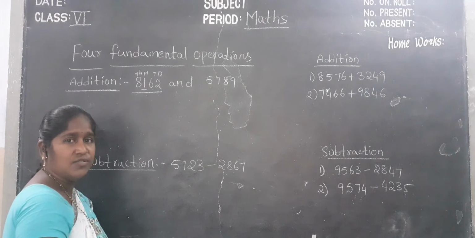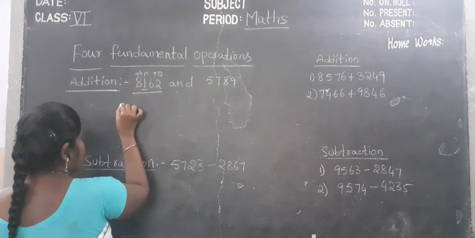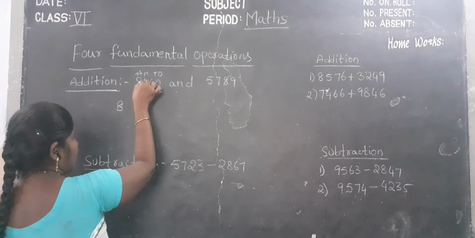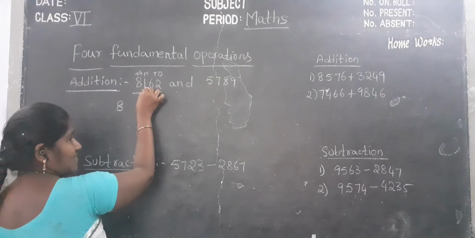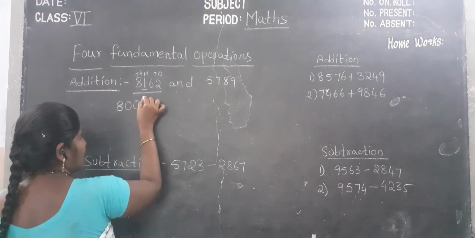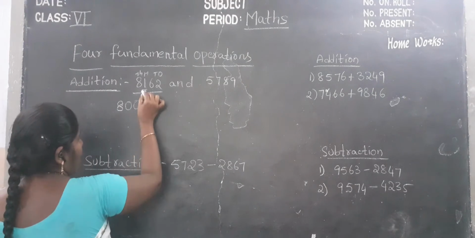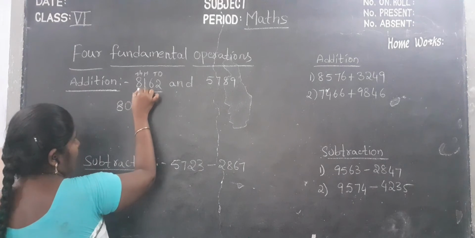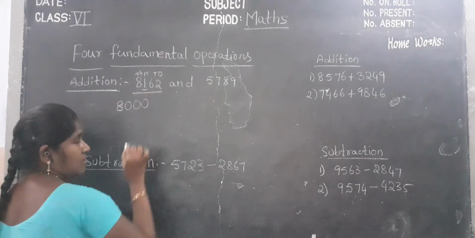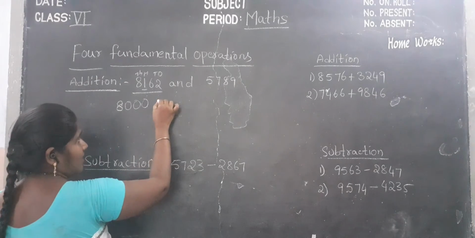Less than 5 means we write the ones place, tens place and hundreds place as zeros. Okay children? So 8162 is nearest to 8000.